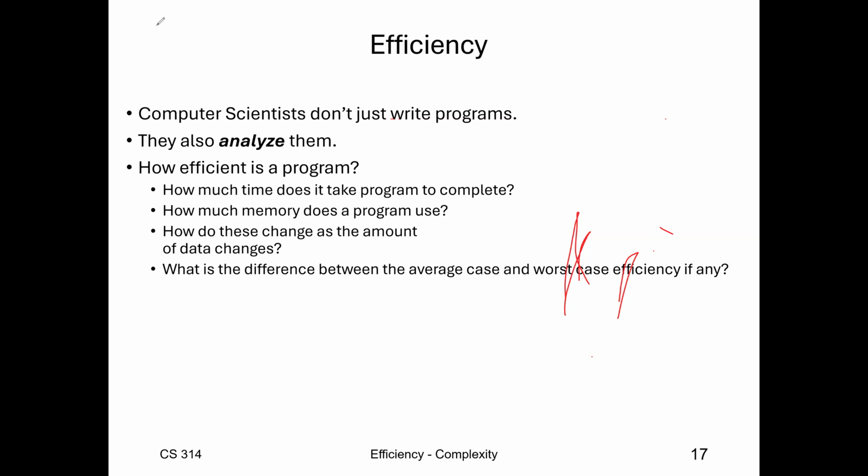Efficiency of algorithms. And like we're saying, when we talk about efficiency, we want to understand a few things. One, how much time a program will need to complete and solve a problem, right? So one criteria is time. The second criteria is how much memory that program will need to solve the problem.